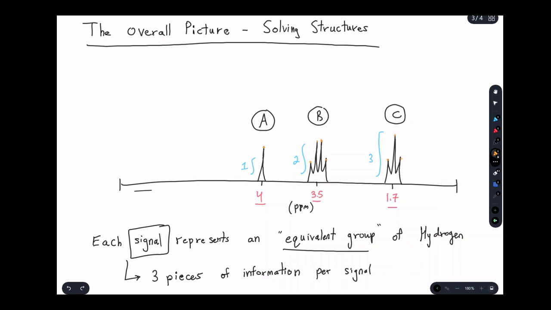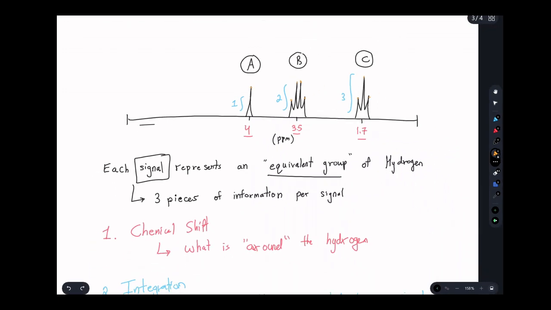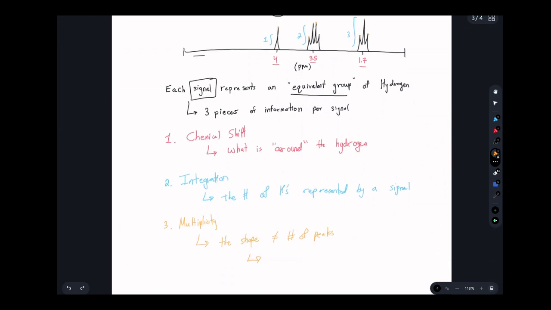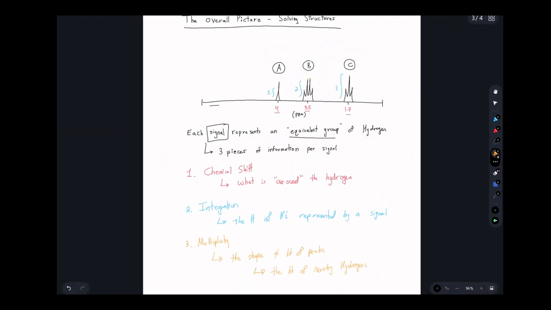There's a specific pattern where they seem to be symmetric down the middle, increasing in intensity into the middle and then decreasing afterwards. We see the same thing with C, except it has 3 peaks. We'll definitely dive into the very crucial information that the shape of the signal gives us. But for now, this helps us understand the number of nearby hydrogens for that given signal. So clearly, compared to IR, there's a lot more going on here with 1H NMR.